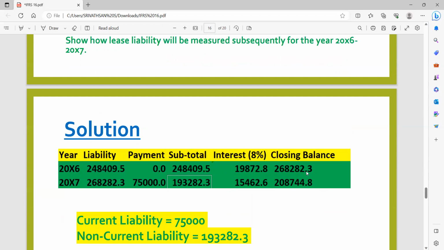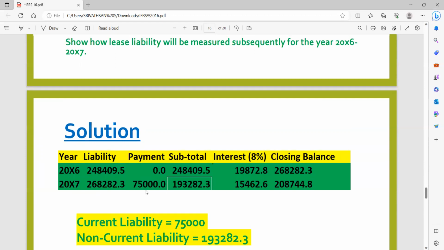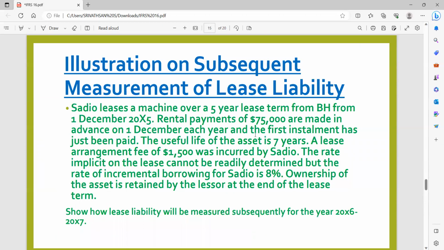For the second year, the closing balance of the first year becomes the opening balance of the second year. So you put the same amount here, and a payment of 75,000 is made on 1st December 2016.